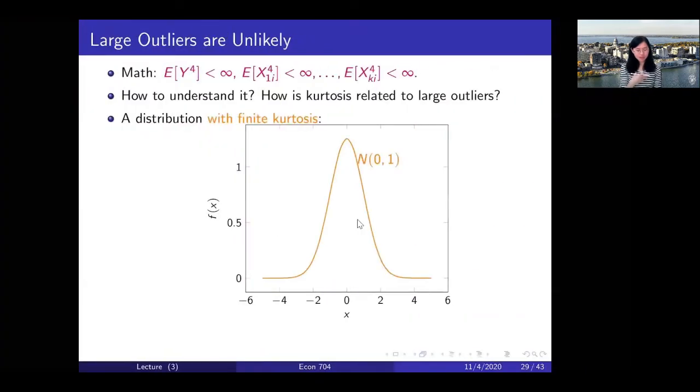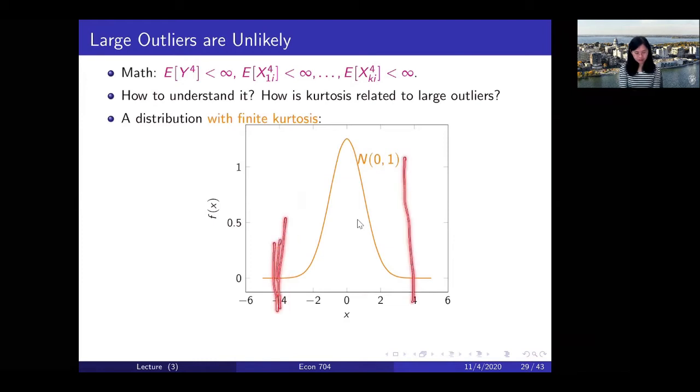Now, let's draw some pictures and get some intuitive idea from the pictures. First, I'm drawing a distribution with finite kurtosis. This is the probability density function of the standard normal distribution. The standard normal distribution has finite fourth moment, finite kurtosis. You can see that the probability that a standard normal random variable takes values, say, between -4 and 4 is very high.